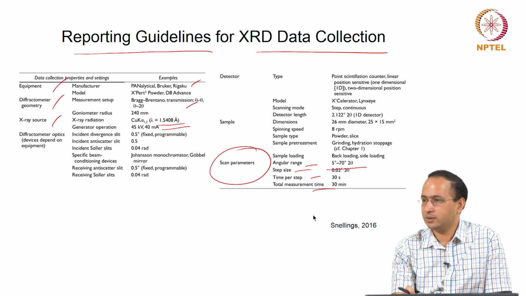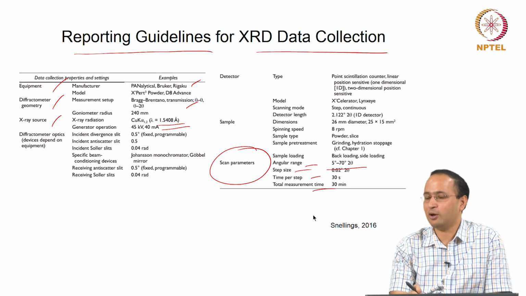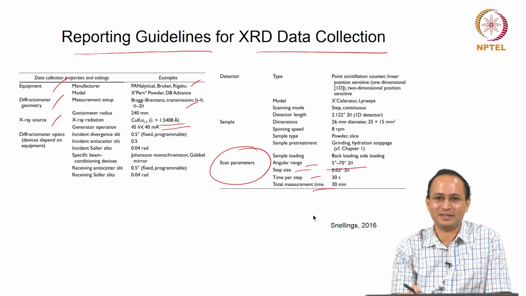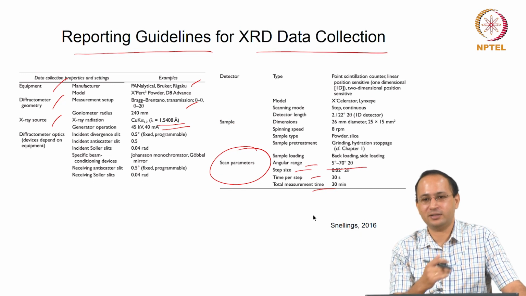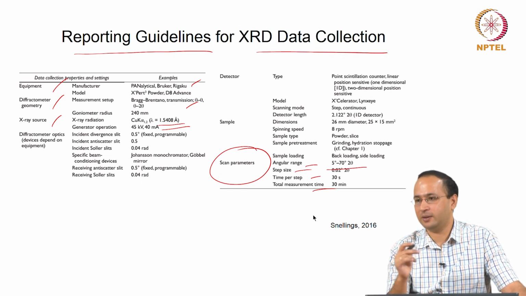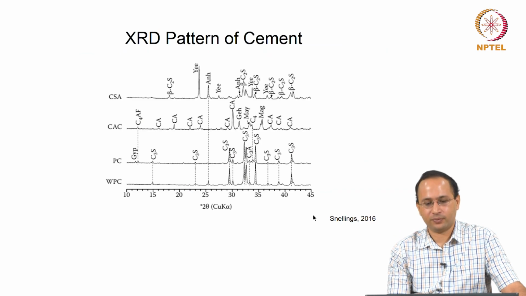Obviously you have to make a compact sample, but also you have to make sure that there is no preferred orientation. Depending on the sample, you may not even have preferred orientation, but since we are talking about the cement system where you have calcium hydroxide and ettringite, you tend to see preferred orientation.